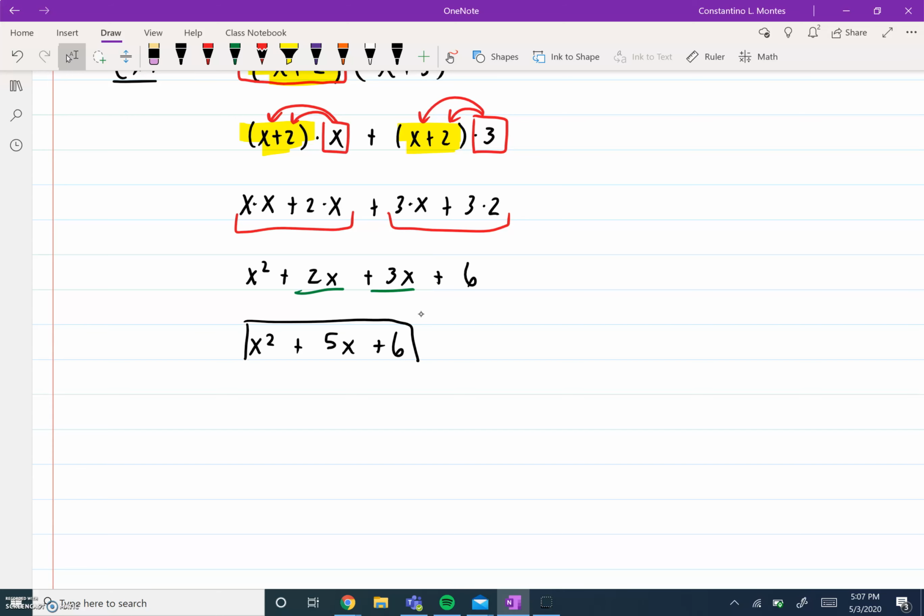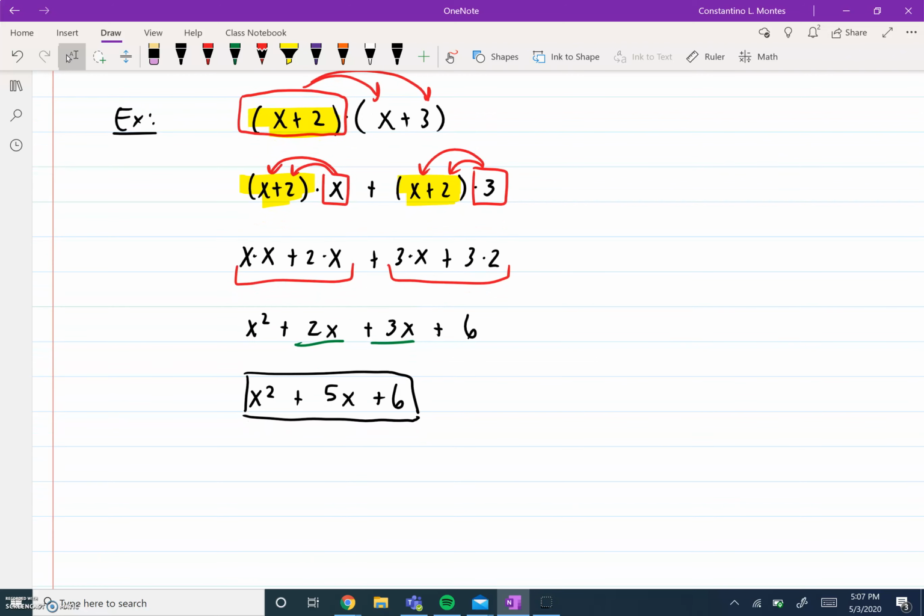And we are done. So we took two binomials, we multiplied them together, and the result ended up being a polynomial with 3 terms, which we are going to call a trinomial, right? So it turns out that if I take two binomials and multiply them together, I'm always going to end up with a trinomial.